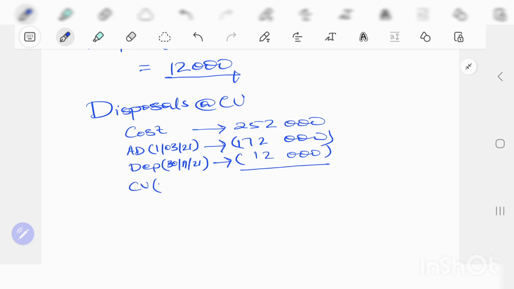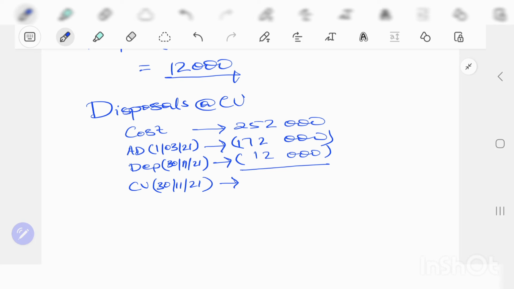Carrying value 30 November 2021. So we are going to say 252,000, which is the cost, minus 172,000, which is the accumulated depreciation at the beginning of the year. But this asset depreciated even during the year, before we sold it, so it lost value here, 12,000.